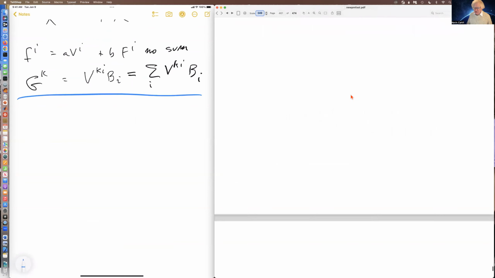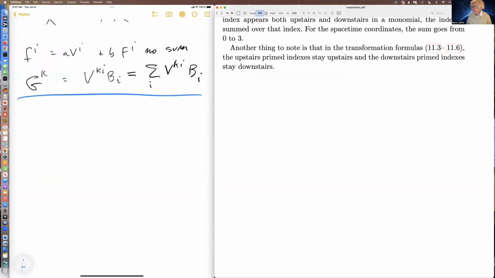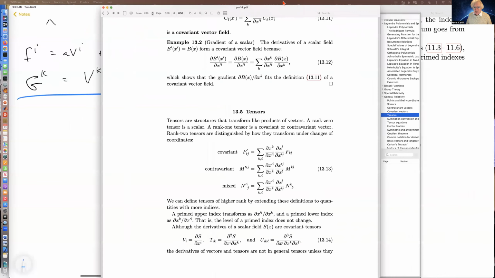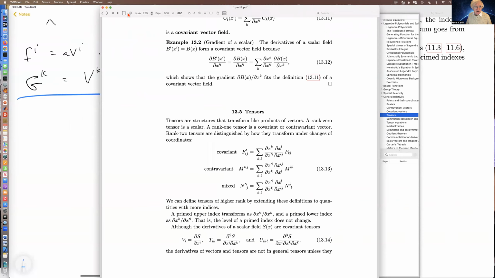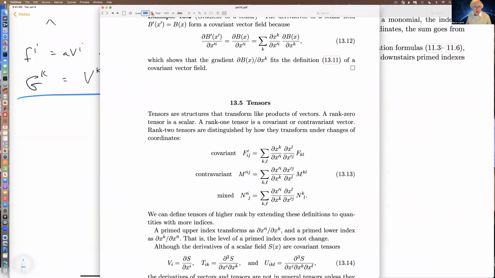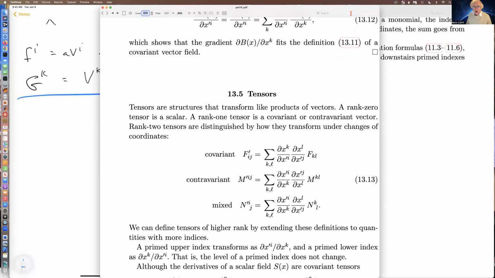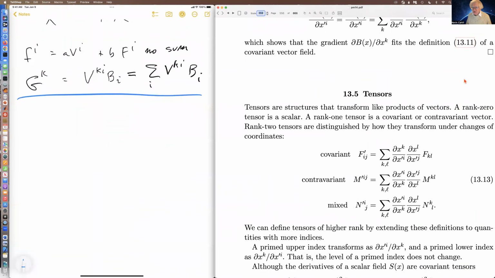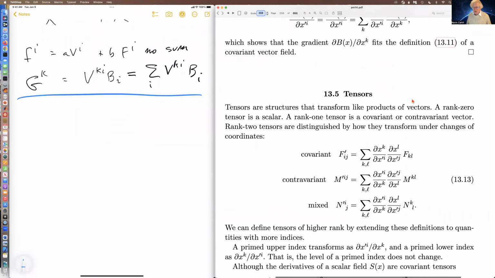I think it's better for me to go to these notes now. This is straight out of the book. I'm trying to rewrite the book's treatment to take out the stuff that's redundant and make things as clear as possible.